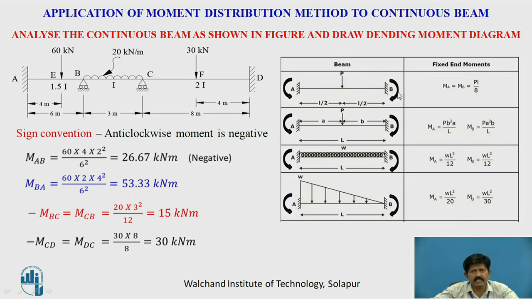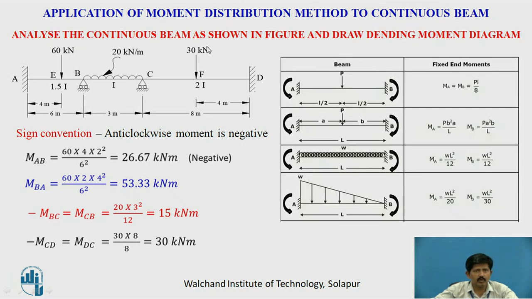If a beam is having a point load at its center, the fixed end moments at A, that is MAB, will be equal to PL by 8 and MBA is also equal to PL by 8. But here the anti-clockwise moment is given a negative sign, whereas the clockwise moment should be given a positive sign.